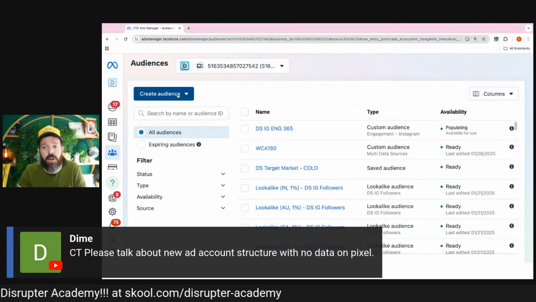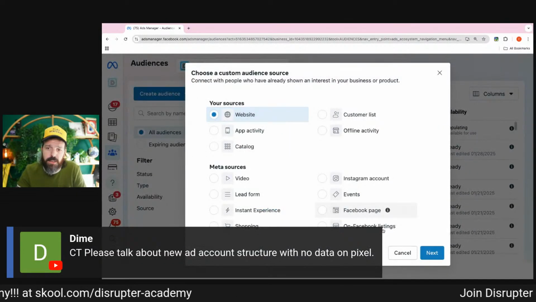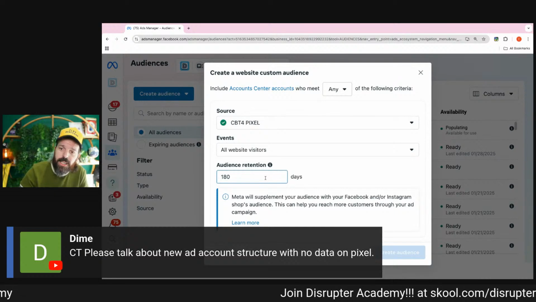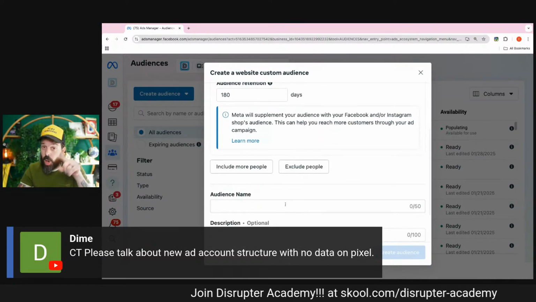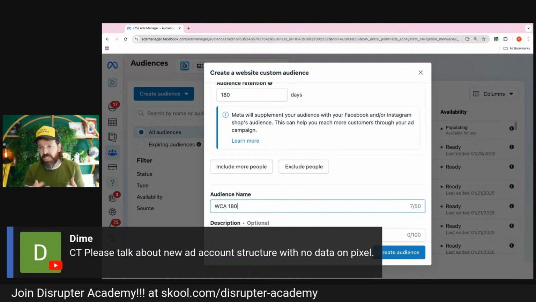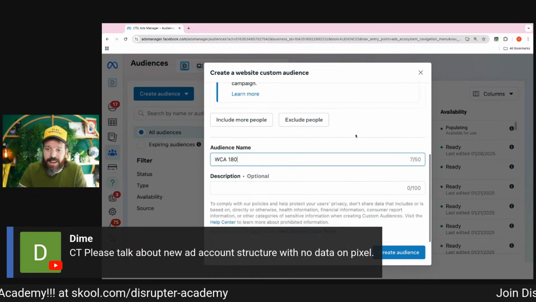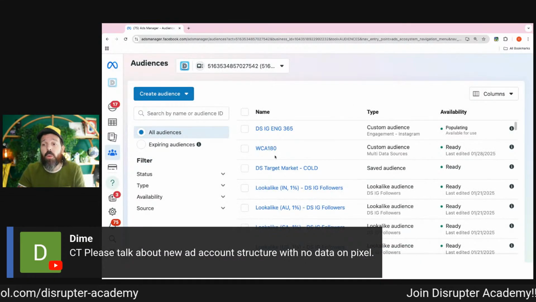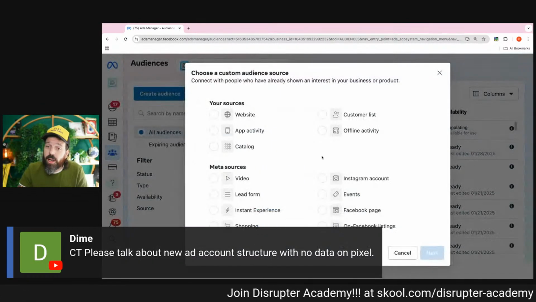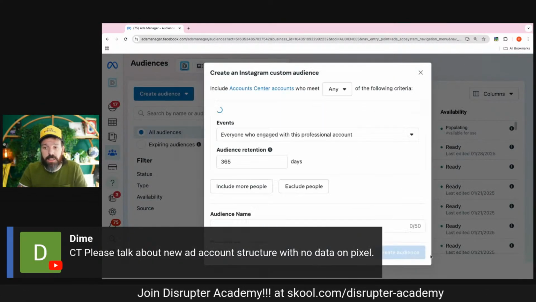If you're in your creative audience section, go to custom audiences, go to website, hit next. In here, you do 180 days. And then if you know what you're doing, this is a WCA 180 audience. Done. Create audience. That's everybody who's been to your site anywhere where you have your pixel done. Right there. Awesome. Now, if you want to make a broad retargeting audience, say for your Instagram account, select Instagram.